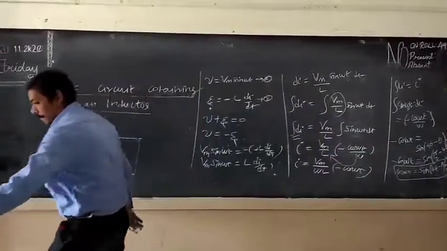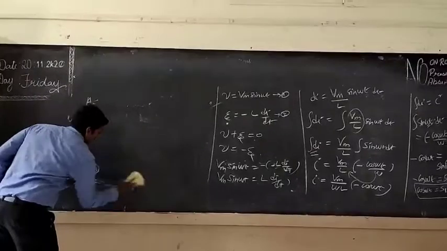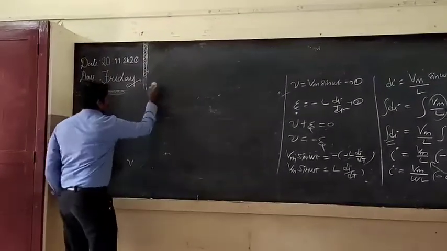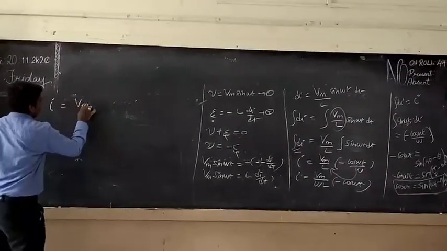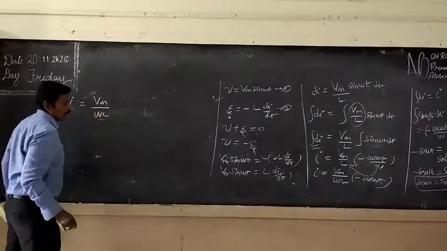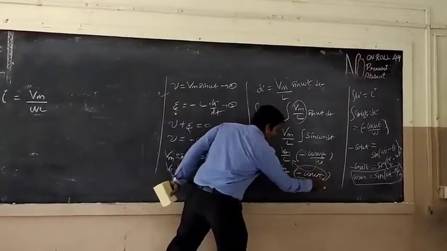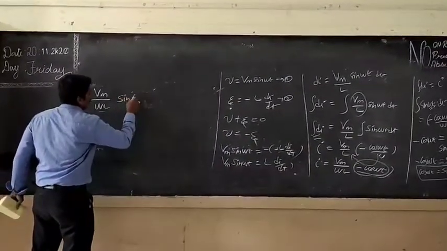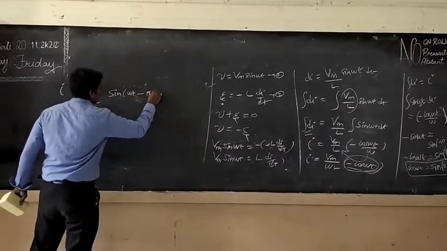Now let us see what value we have substituted. See, now I is equal to Vm by omega L. Instead of minus cos omega t, we should write sin omega t minus pi by 2.